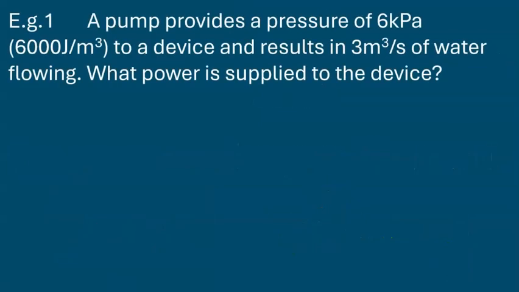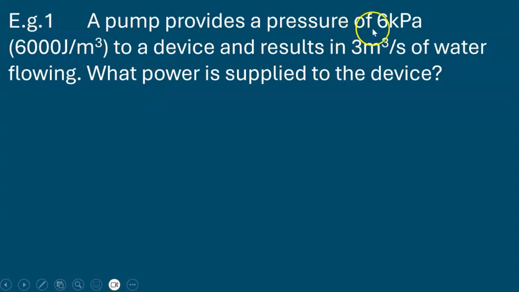Right, let's get into an example, and here's an example using the actual water flow. A pump provides a pressure of 6 kilopascals to a device, and it results in 3 meters cubed per second of water flowing. What power is supplied to that device, or what power is provided by the pump?